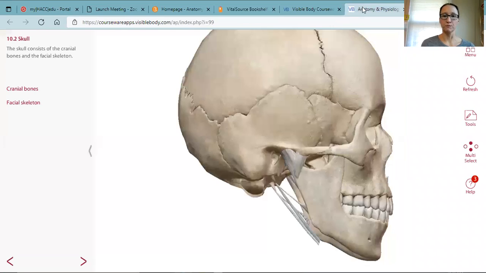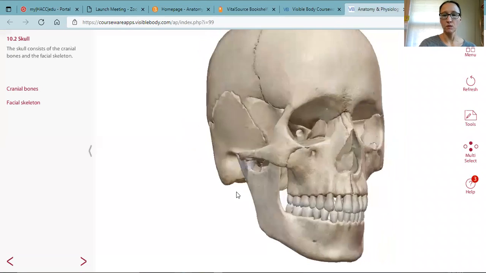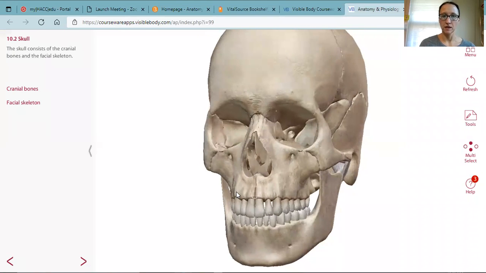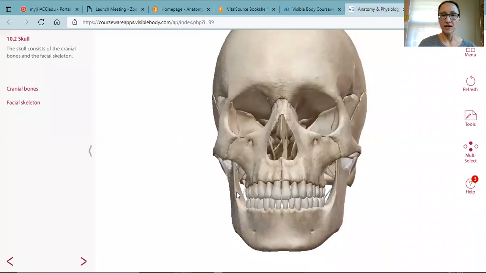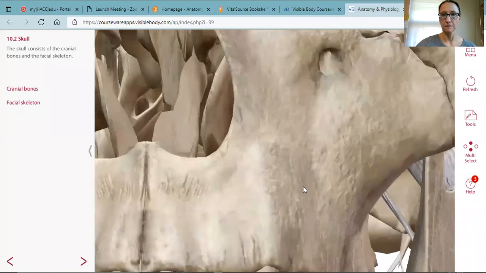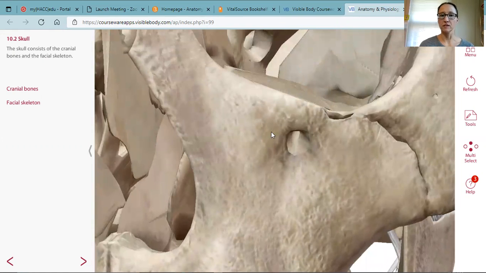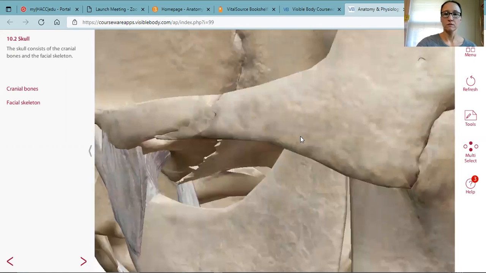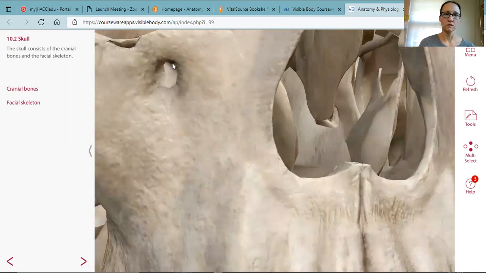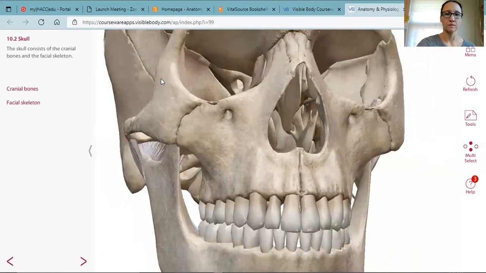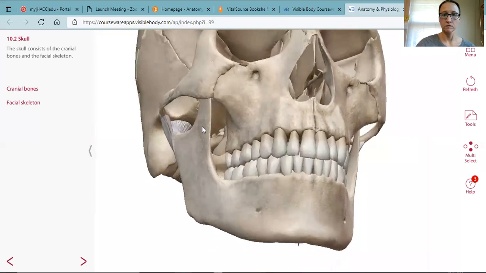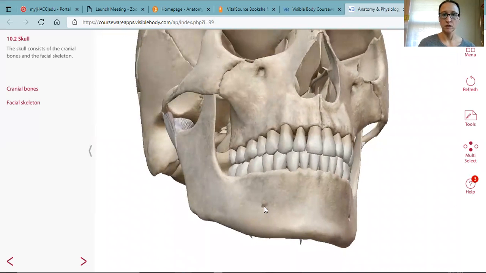So let's go back here. We can see all of our lovely parts. Now, one thing that you may have noticed, whoa, Nelly, are these little holes here and here. And you also have them here and here.